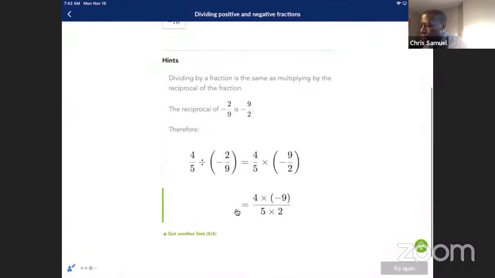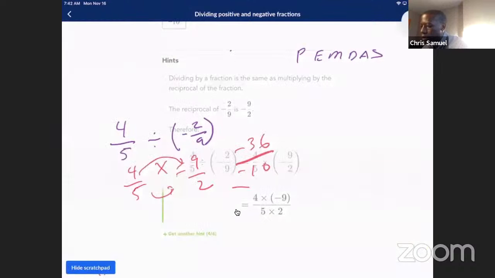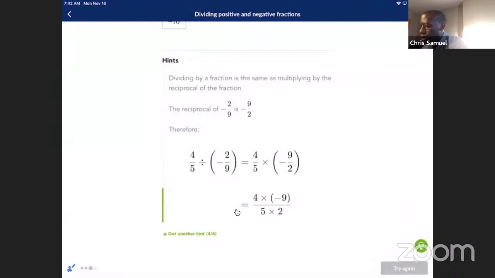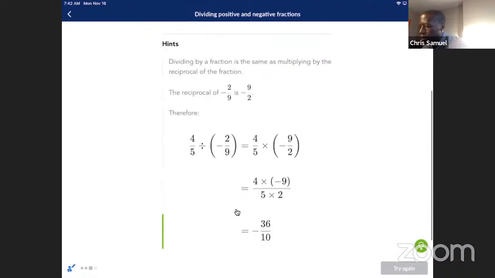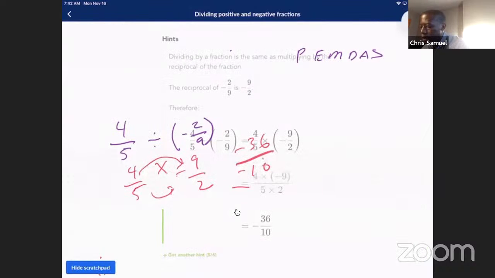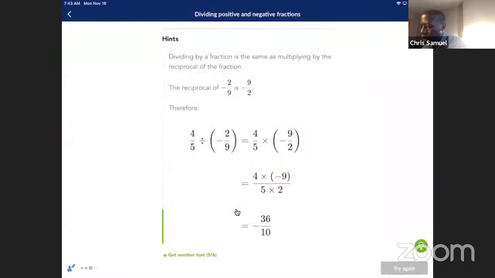And it says here 4 times negative 9, right? Which would give us, oh, really? So it looks like when you have the negative 9 here, the negative 9 gets on the top, but the 2 doesn't get it.